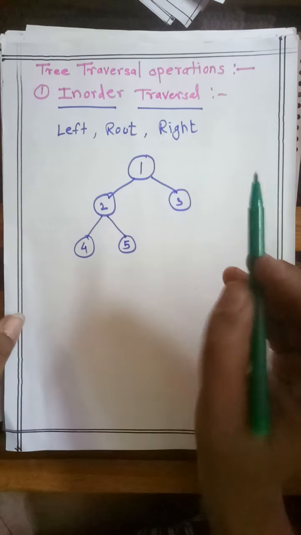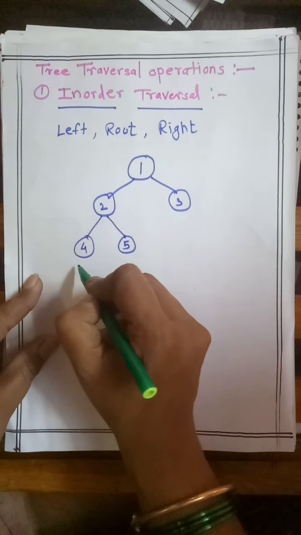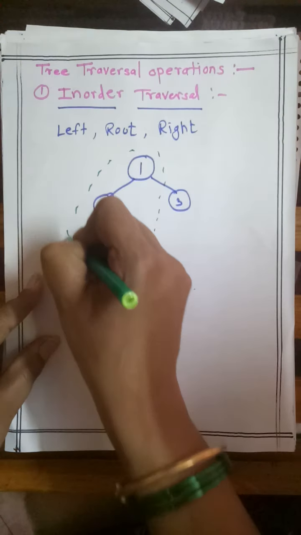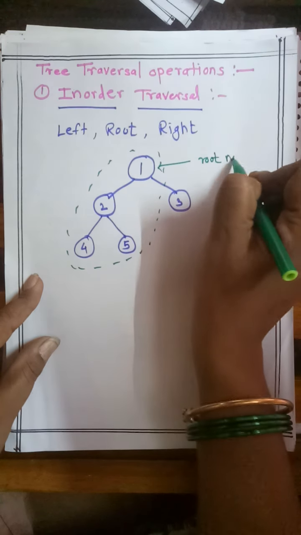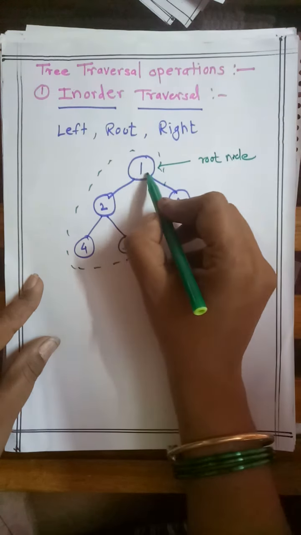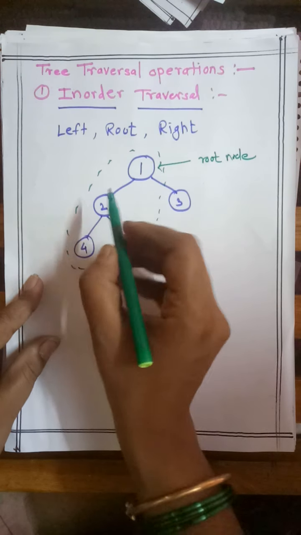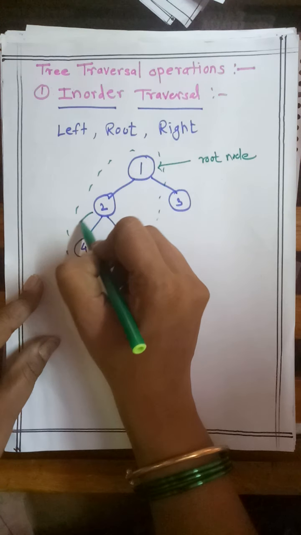First we visit the left part of the tree. This is the left side of the tree, and this is the root node. When we visit the left part, here 2 is the node, and 2 again has the left node 4.